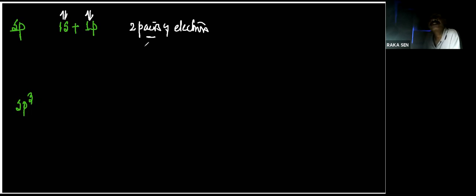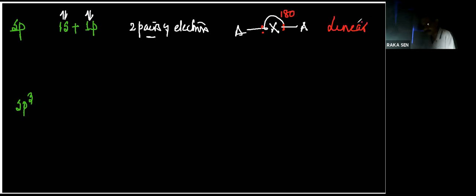That means the structure will be, say, for example, the central atom, and the 2 pairs of electrons will be 180 degree from each other. So the bond will be 180 degree to each other, and the structure will be linear.